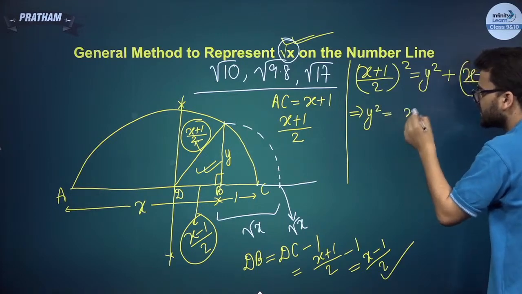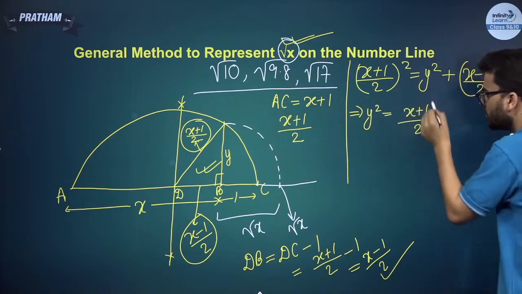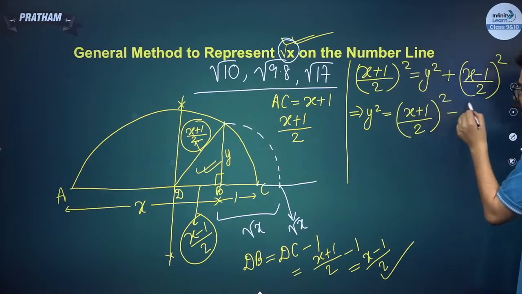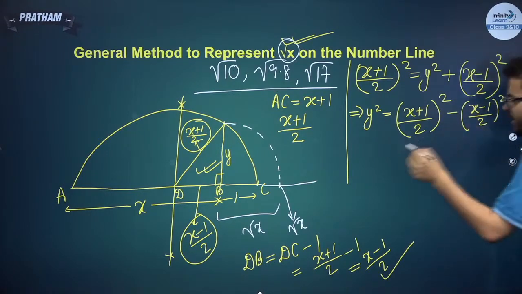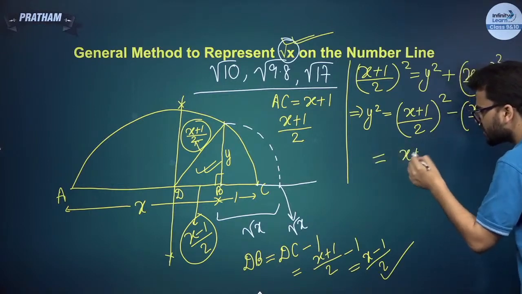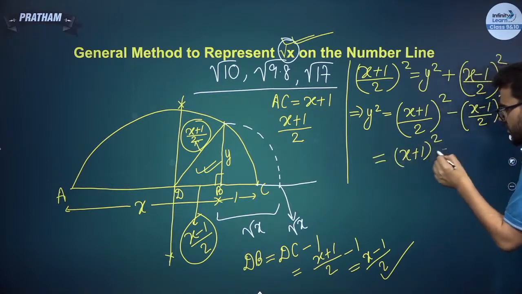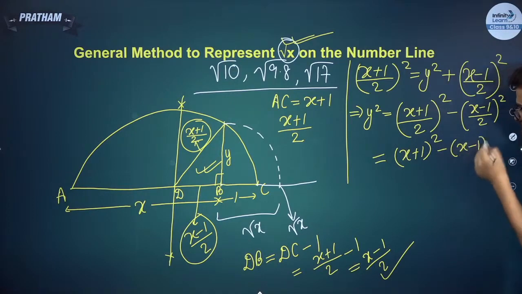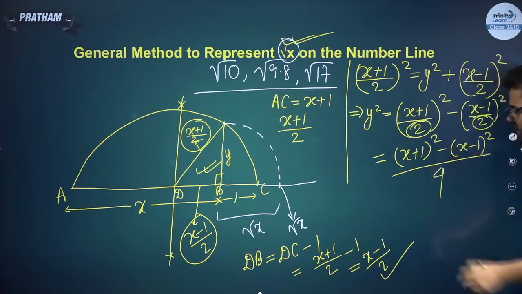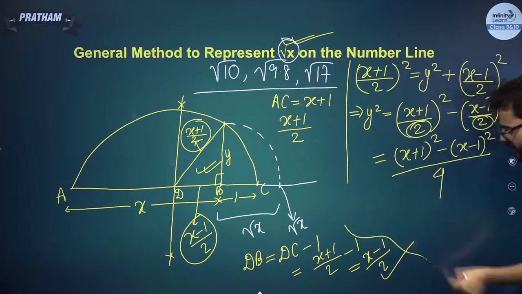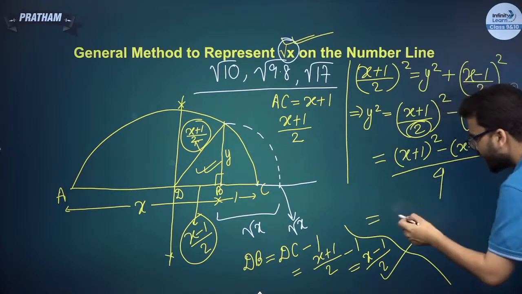So y square will be equal to ((x plus 1) by 2) the whole square minus ((x minus 1) by 2) the whole square. You can simplify it further. You will get (x plus 1) the whole square minus (x minus 1) the whole square, and in the denominator 2 square is 4 only. Now simplify the numerator using the (a plus b) the whole square formula.